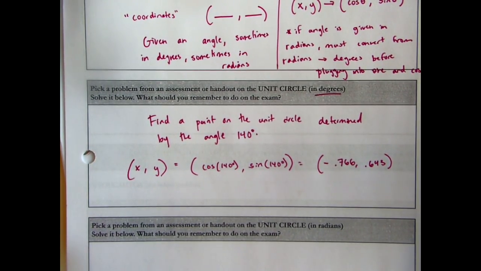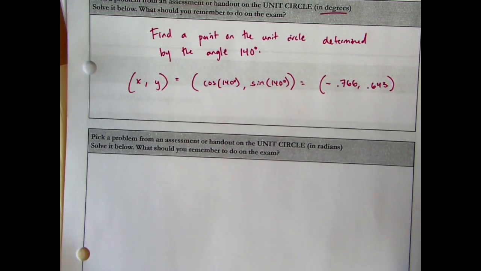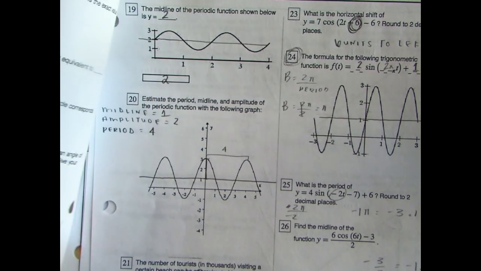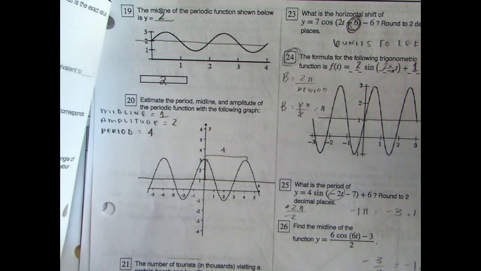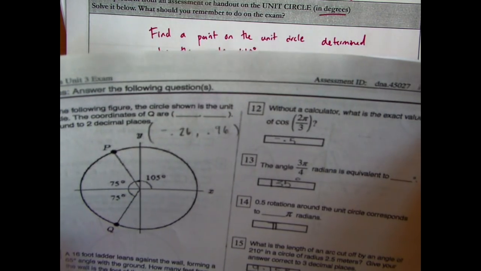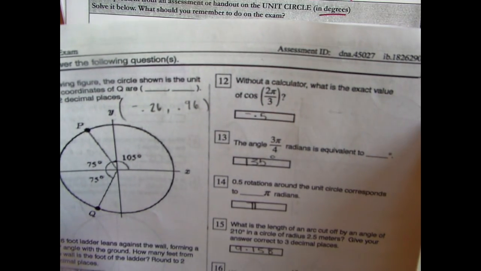If I'm going from radians to degrees, I'm going to use this equation. Degrees equals radians times 180 over pi. Let's write that down.